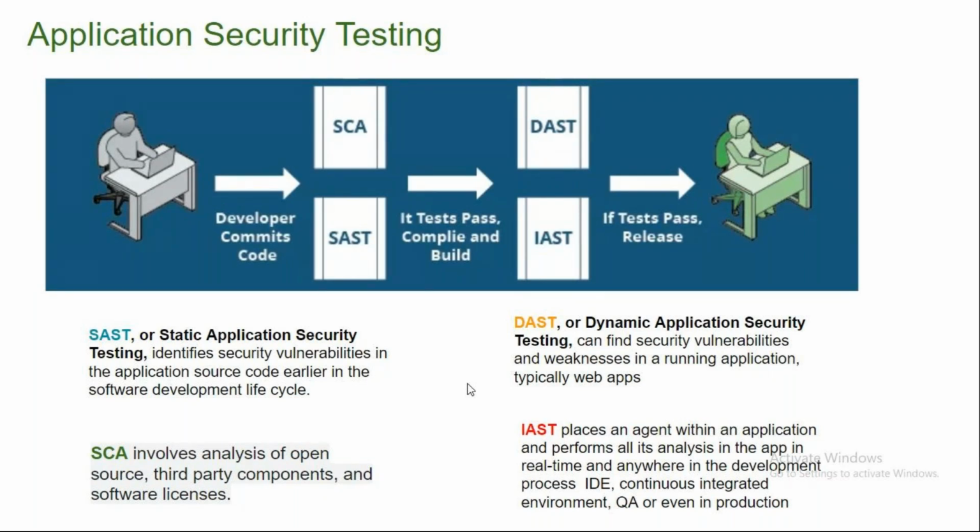DAST is a very, very huge area because just think like this: the hacker, the person who wants to attack, will not get into your code. They will not know about your open source vulnerabilities. They will know only your URL, Amazon.com, Flipkart.com.